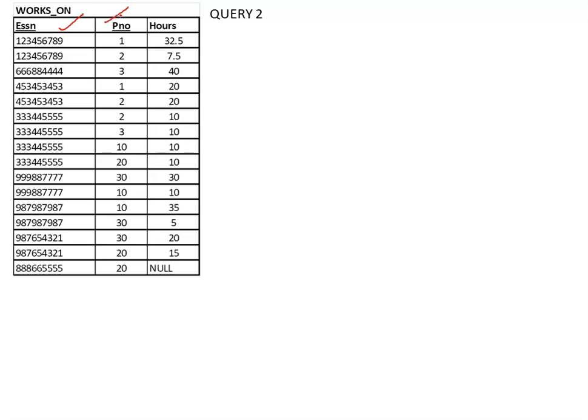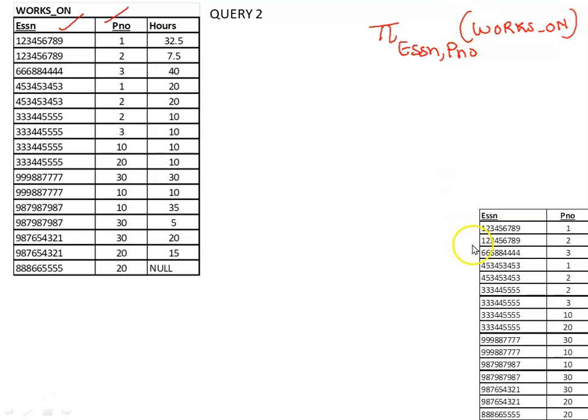So I will apply a project operation and pick up these 2 attributes. Okay, so works on applying the project operation, I pick up the ESSN and P number. So this is what I get, ESSN, P number, excluding the rest.